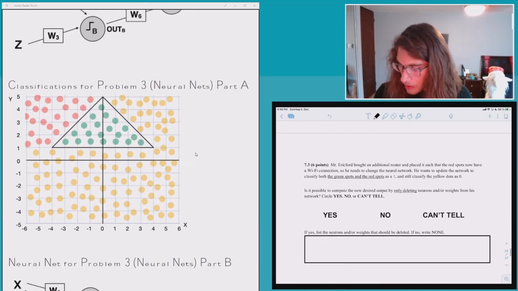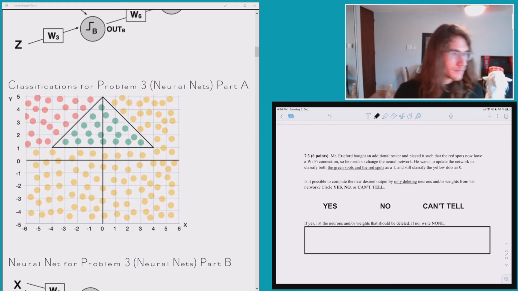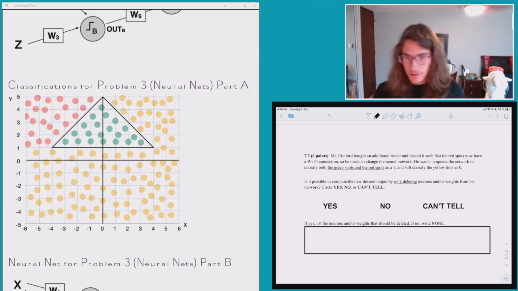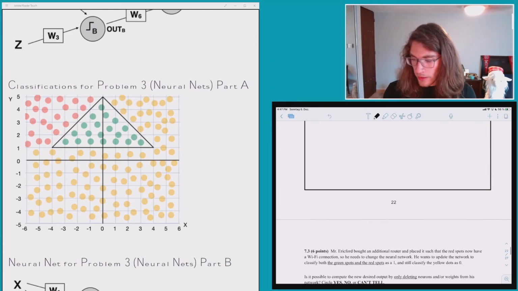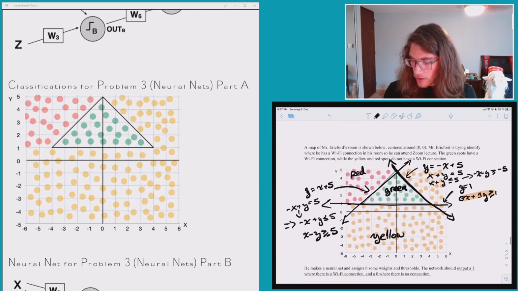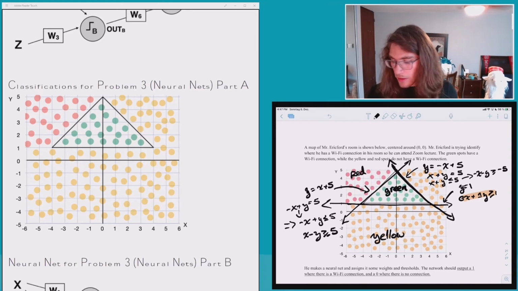Okay, so here comes a tricky one in reality. So this one had multiple answers. The one I found was deleting weights such that the red points are also green. So we essentially want all of this to be classified that way, and that's actually how I think about this question.